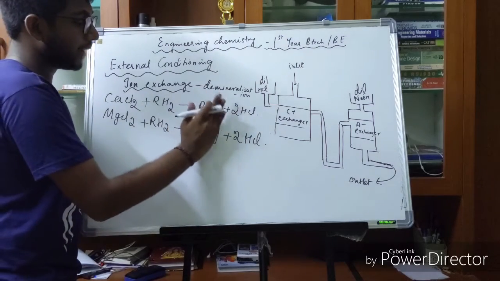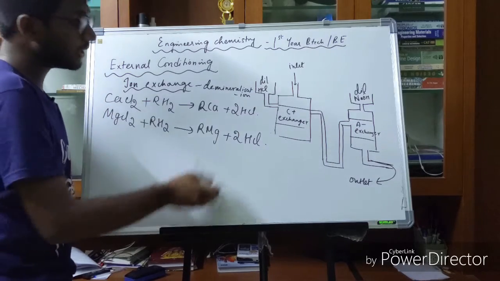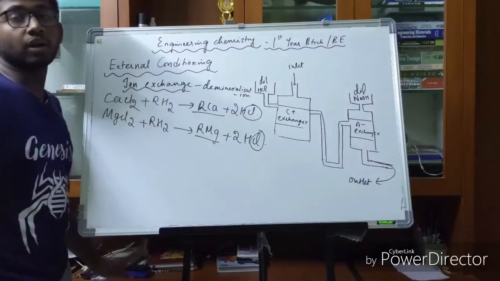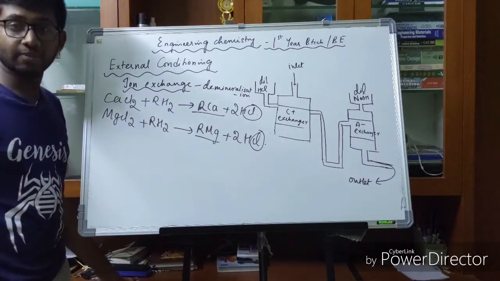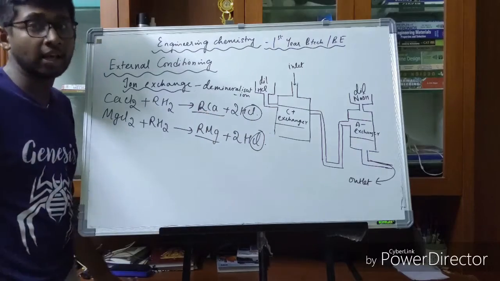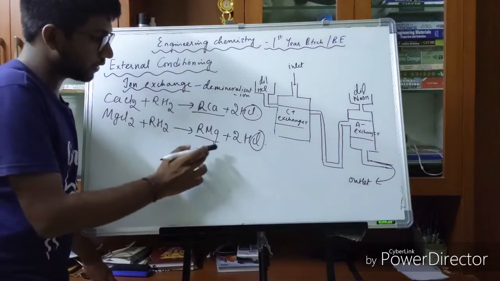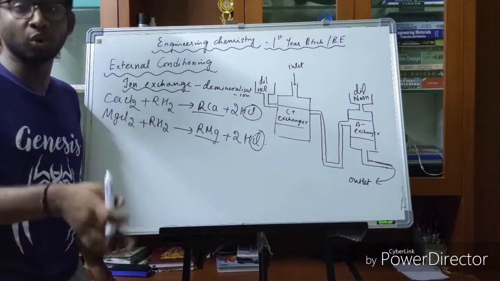So this will be kept as such, and afterwards it goes to the anion exchange process, because in this process you have removed the cation. Ca and Mg have been removed, and you know that chlorine alone is still present. Our main aim is to remove chlorine.